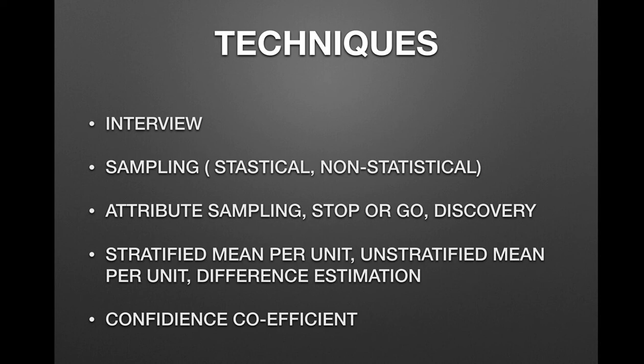We were not able to find major errors in that sample. We were getting some small things, but that's not what business wanted. So even I was shooting arrows in the dark. But if we had taken a true representation of the population, we would have been able to find those errors that were causing an issue to business. So I think that's what they're coming to say in this whole stratified mean per unit, unstratified mean per unit, and difference estimation.